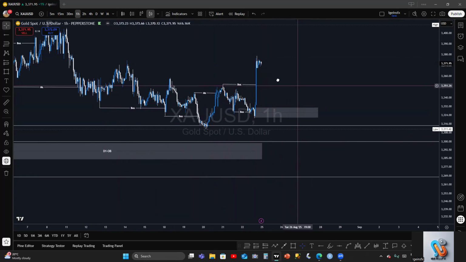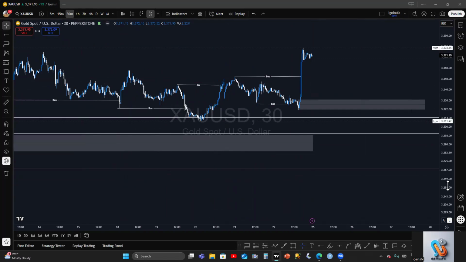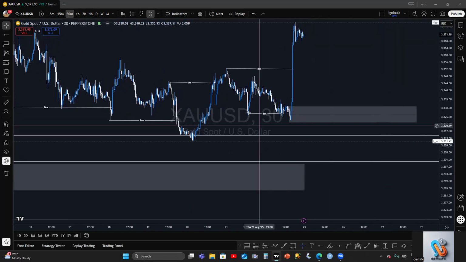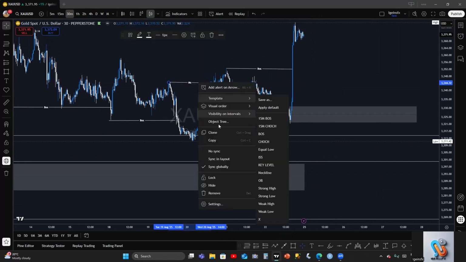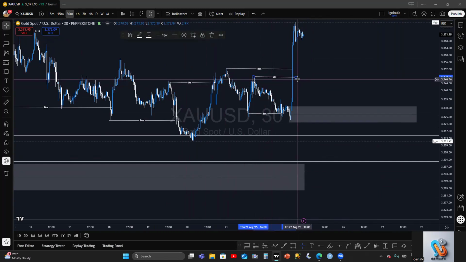From a 1 hour point of view, this is a break of structure. But if you scale down to 30 minutes, you discover that this point here is a market shift. Why is it a market shift? Because price created a resistance here. This is support, this is resistance.